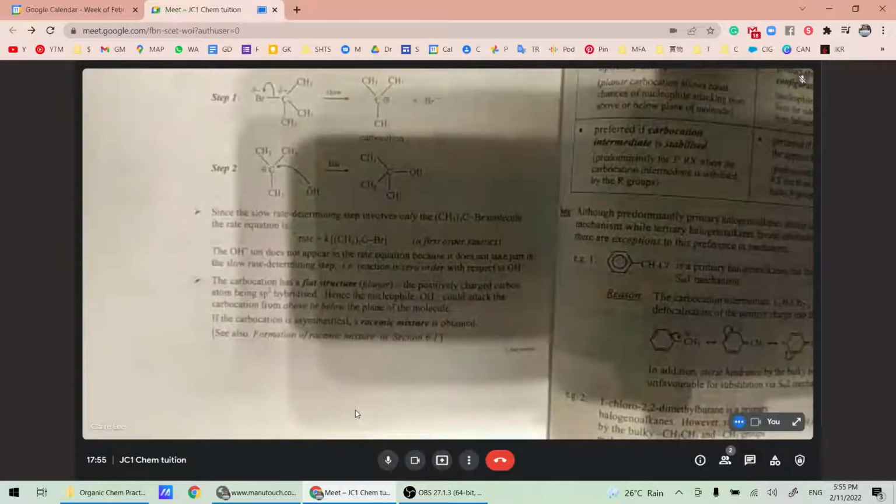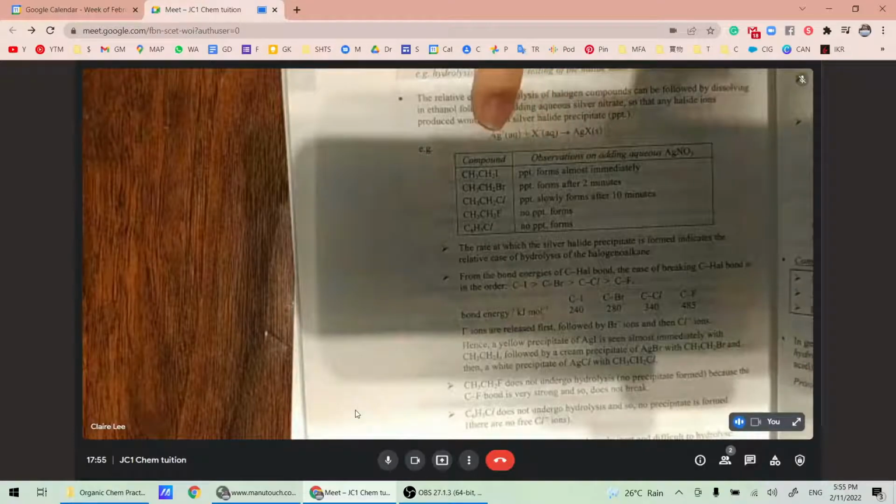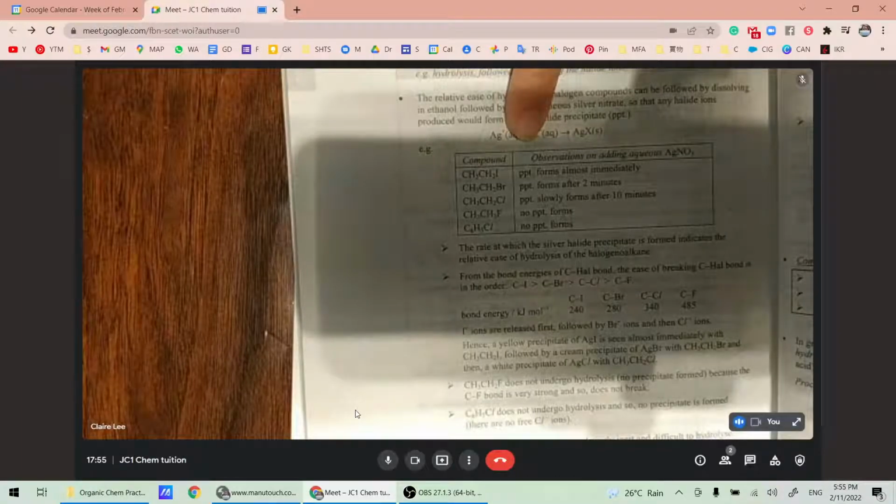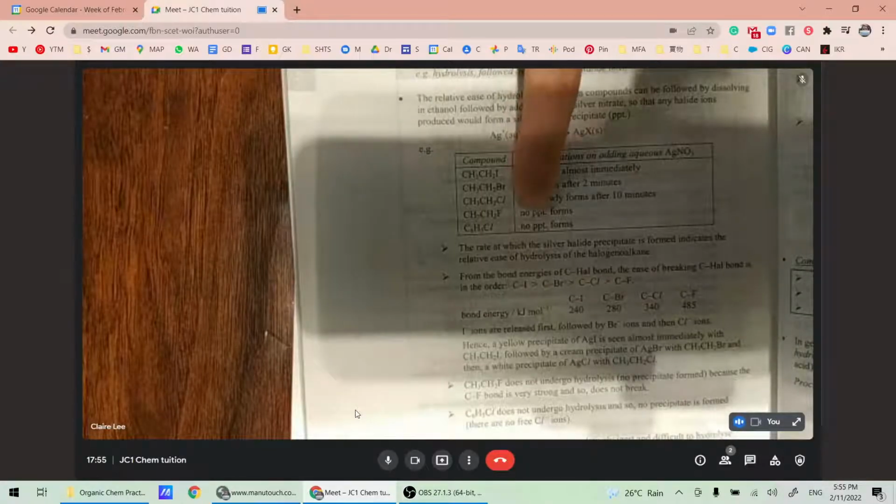Okay, and then just flip through anything else I need to cover. I think I've covered everything: the hydrolysis, all the mechanism, reagent, reaction. Do take note of the speed at which the halide test will give you the precipitate. After hydrolysis, the halide ions are free roaming in the solution. So by adding silver nitrate, the silver from silver nitrate will combine with the halide ion to give you a precipitate.